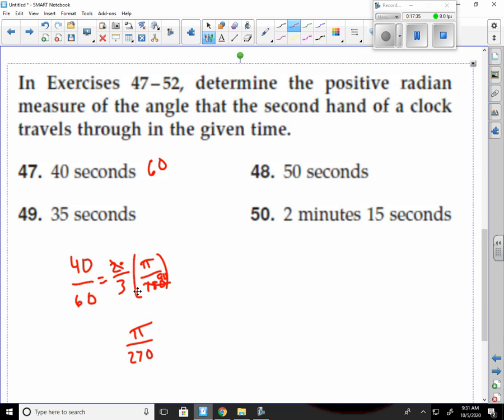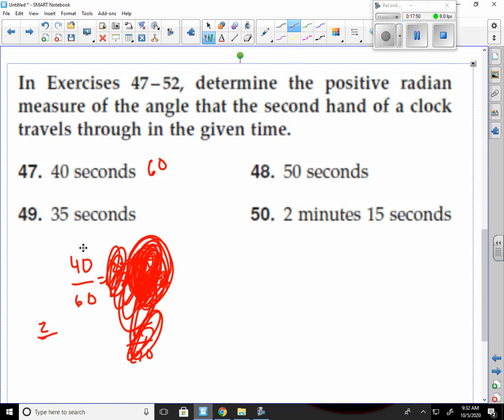Oh, that's because I tried to convert from degrees to radians, and that just ain't happening. No, this is bad. Let me think about that again. I was treating the 2/3 like that was a degree. What I really need to be doing is 2/3 times 2 pi. It's going to give me 4 pi over 3. That's better.